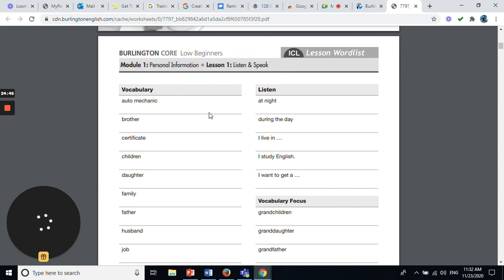What I want you to do, because I'm going to take this packet back in 2 weeks, is in the notebook that we gave you in the orientation, you will find a notebook. You can go ahead and write these words in your notebook. And you can also write the meaning of these words in your language. So it will be like your own dictionary that you keep with you.